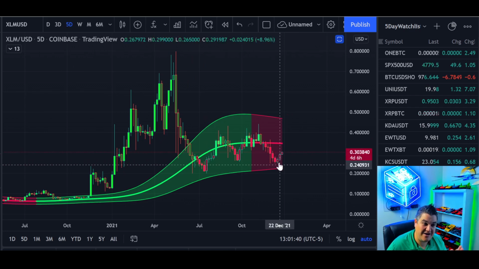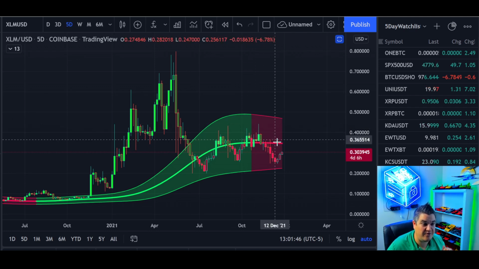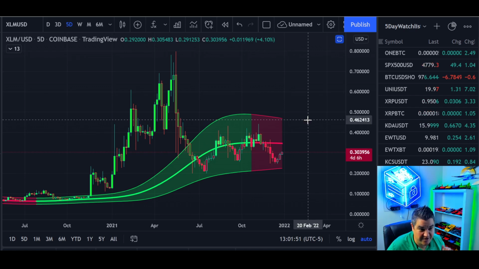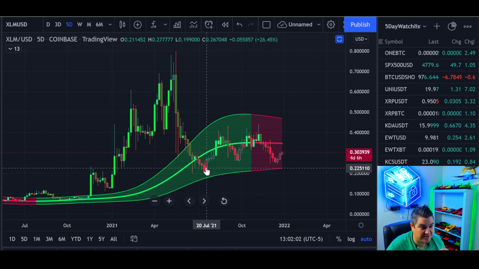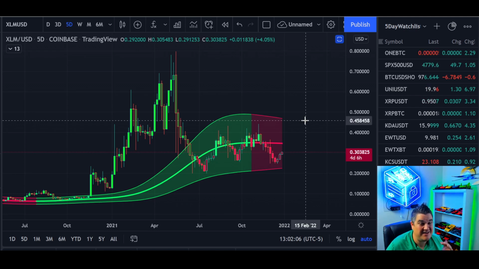You might say, well, could we do something great soon? It's just not likely. With your 5-day Gaussian channel red, we can make upwards movements, but look at your dates here. Potentially, if we go up in a straight line, which is also unlikely, these are 5-day candles, so even going straight up, you're still looking at mid-February before you even get out of this channel, just based on the odds.